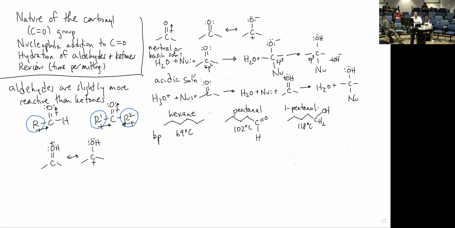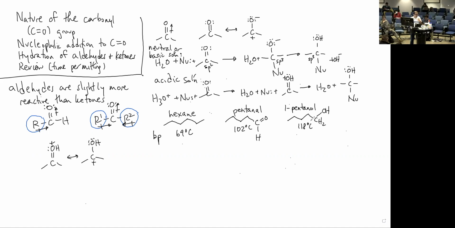So the reason for this is first of all because pentanal and 1-pentanol have polar bonds in them, right? We've already gone over how the carbon-oxygen double bond, as well as the carbon-oxygen single bond for that matter, is highly polarized towards the oxygen. And that's going to mean that dipole-dipole forces come into play. And these are attractive forces.